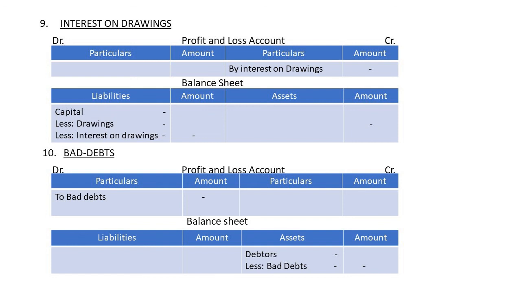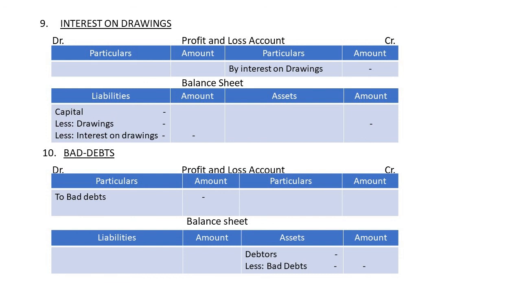If it is given in the trial balance, then it means that it is already deducted from the amount of debtors. As such, it will be shown on the debit side of the profit and loss account only. But if it is given in the adjustments, then it means that the entry will go at one more place. Because as I told you earlier also, the entry of all the adjustments will be made at least twice.